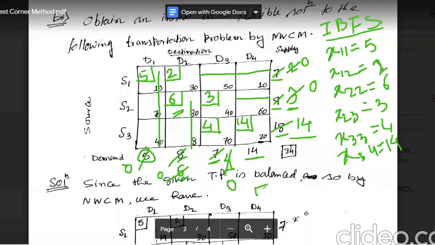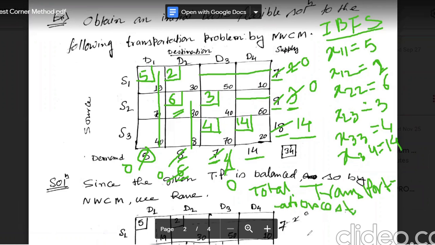The total transportation cost is equal to how much? How will you calculate?